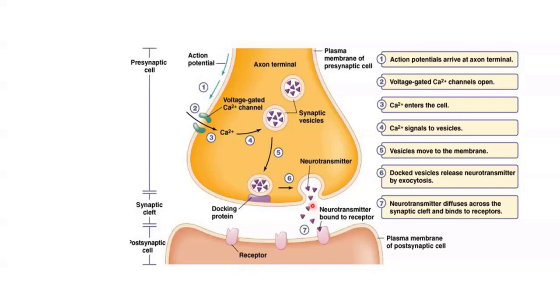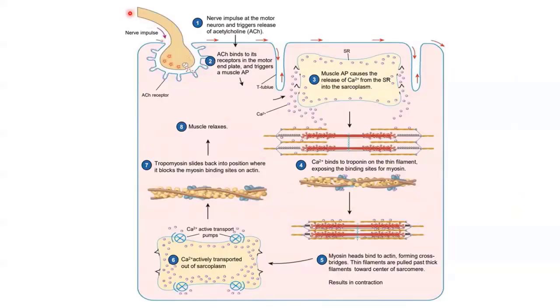That neurotransmitter or acetylcholine will diffuse across the synaptic cleft, bind to our ligand-gated sodium channels, which can also just be called the receptors, and this allows sodium into the muscle cell. The last phase of our neuromuscular junction, moving into our excitation-contraction coupling, was that action potential running down the motor neuron, causing the release of acetylcholine and the binding of the acetylcholine to our ligand-gated sodium channels.